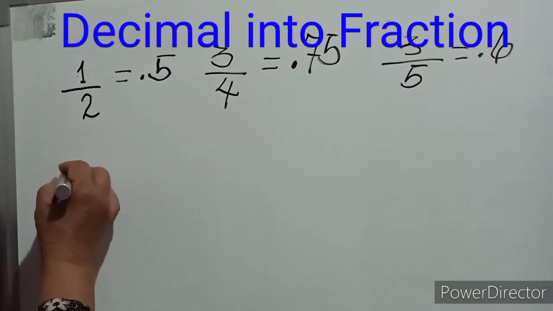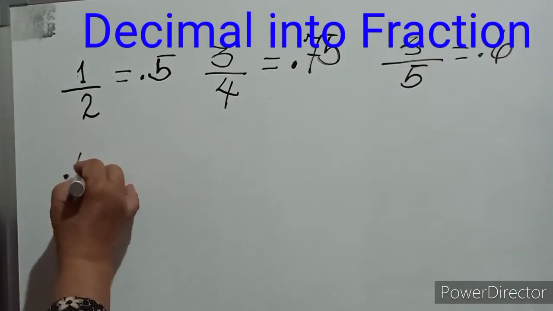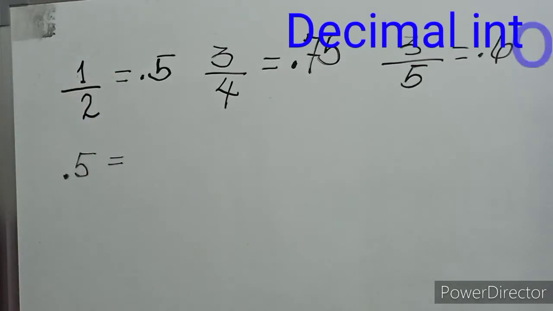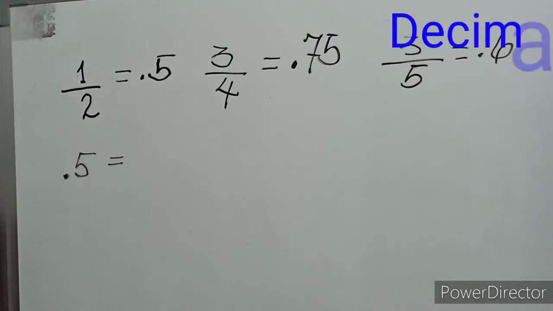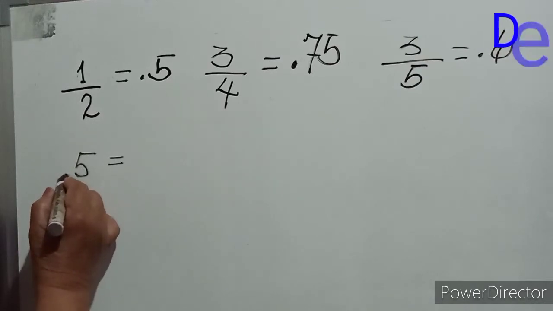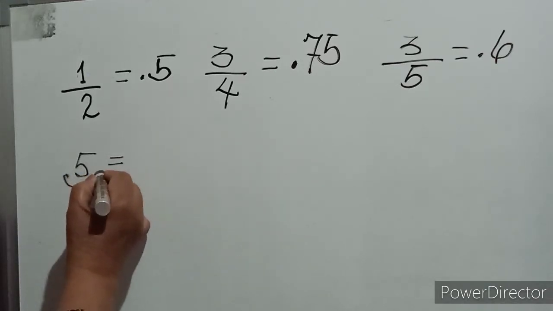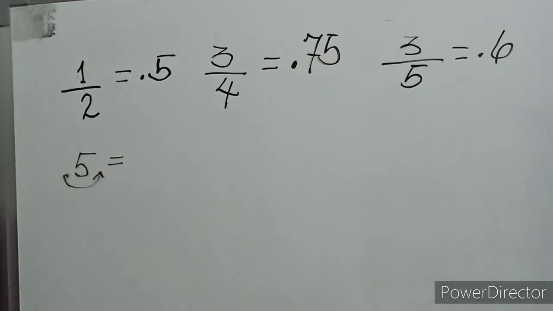How are we going to change now 0.5 back into 1/2? The process is for you to make your decimal number a whole number. How are you going to do that? By moving your decimal point to the right as many times as there are decimal places.